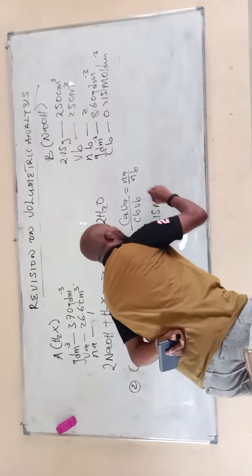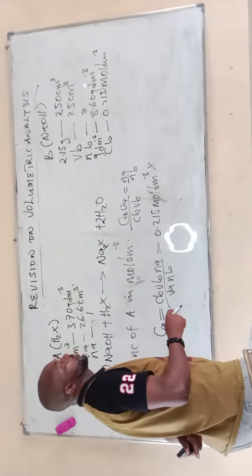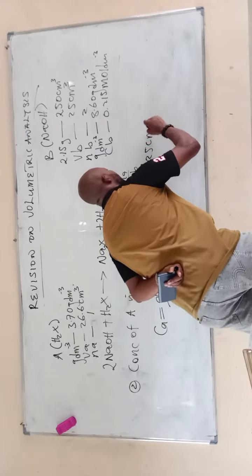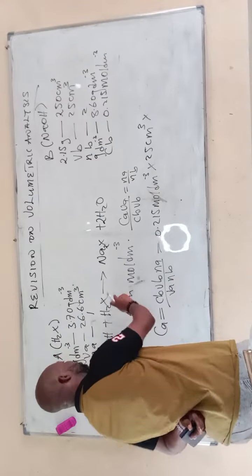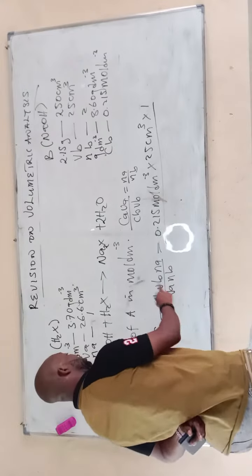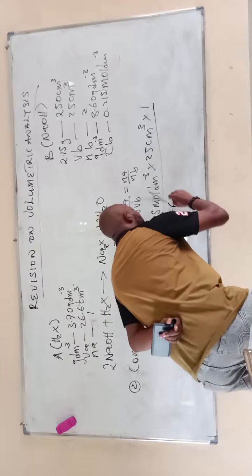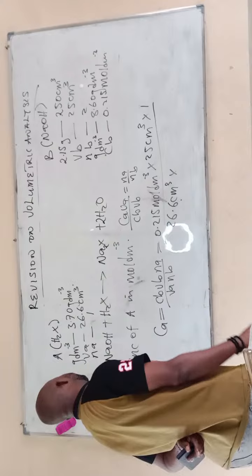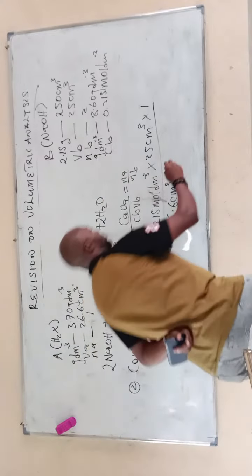And this is equals to, the CB is 0.215 mole per dm3, times VB, volume of the base, is 25, times number of moles of acid from the equation of reaction is 1, all over volume of the acid, which is 26.6 cm3, times number of moles of the base NB, which is 2.